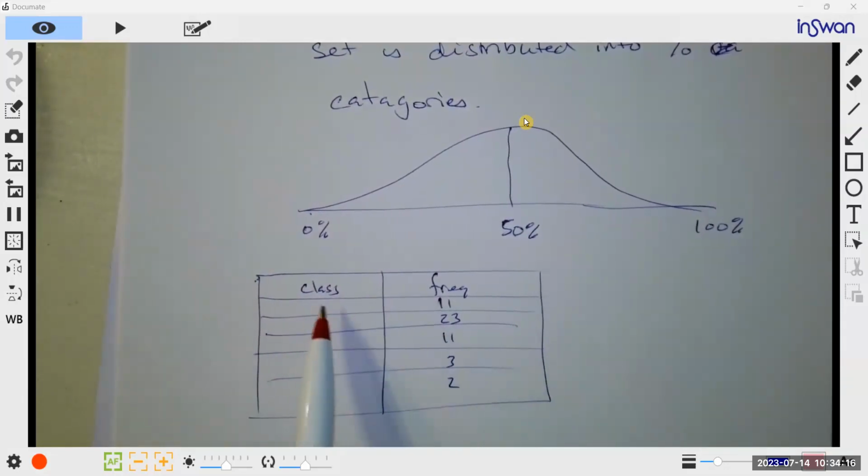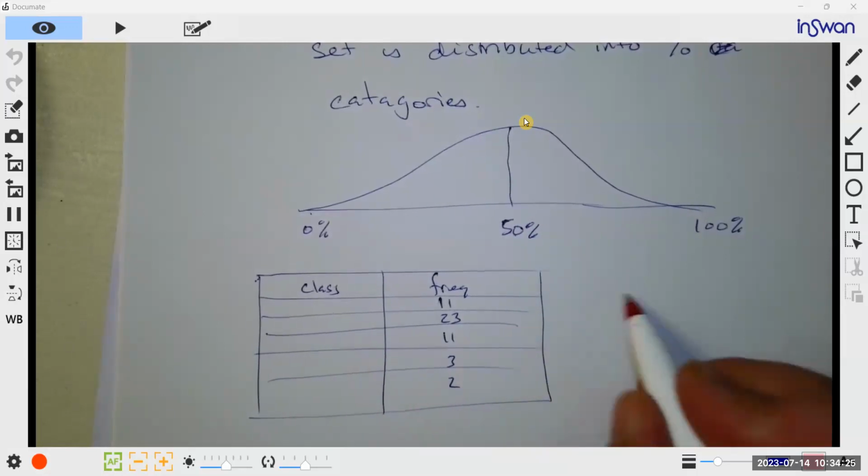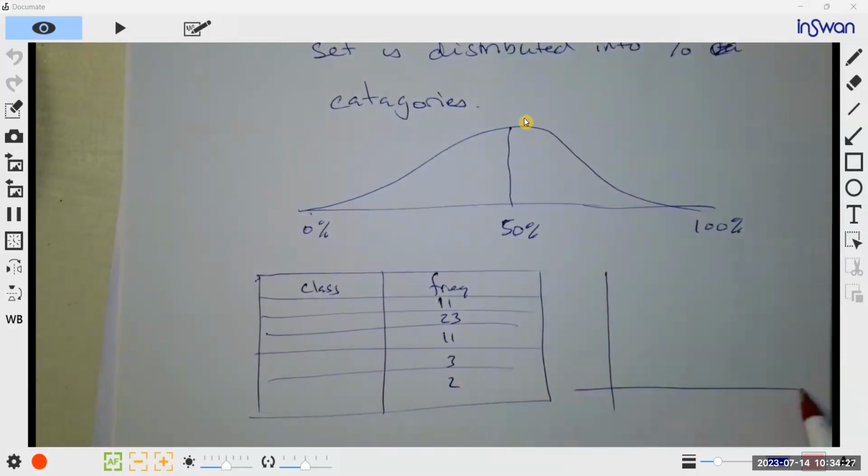So does our data in our last example, the times of lunch being delivered, is it normally distributed? Well, what we would do here, we could draw a graph.